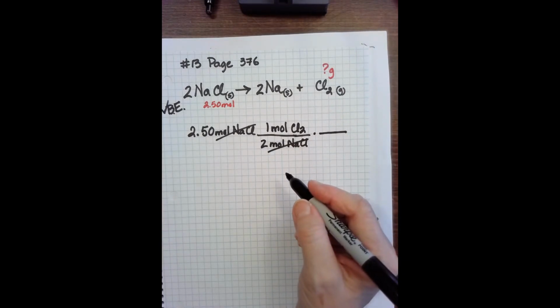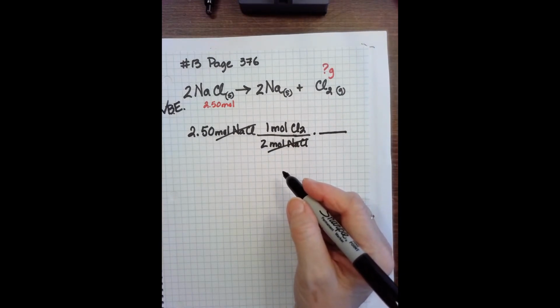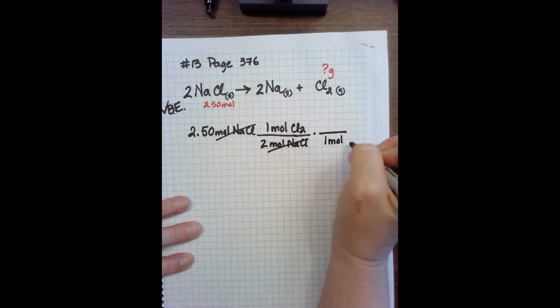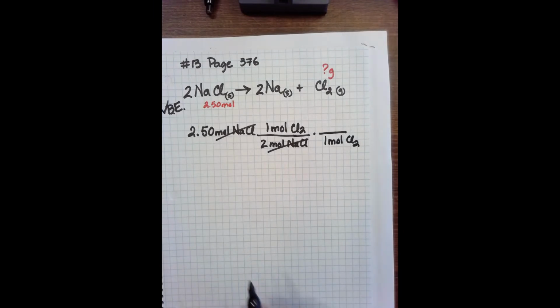So now we're going to go back to our little infinity sign that we were doing in the last chapter, which is what is the mass of 1 mole of chlorine? So now I'm going to need my periodic table. I'm just going to write a little sidebar over here.